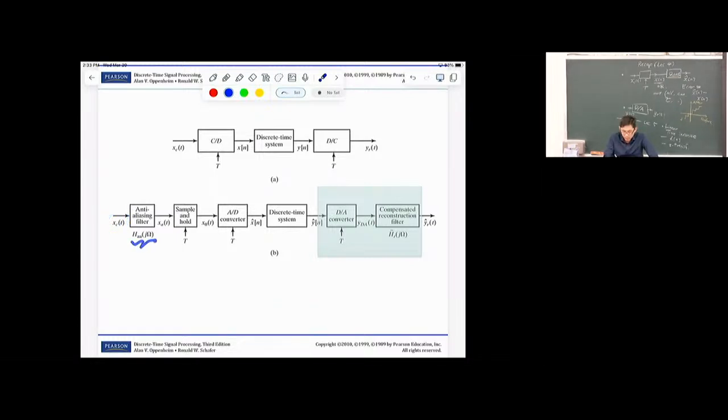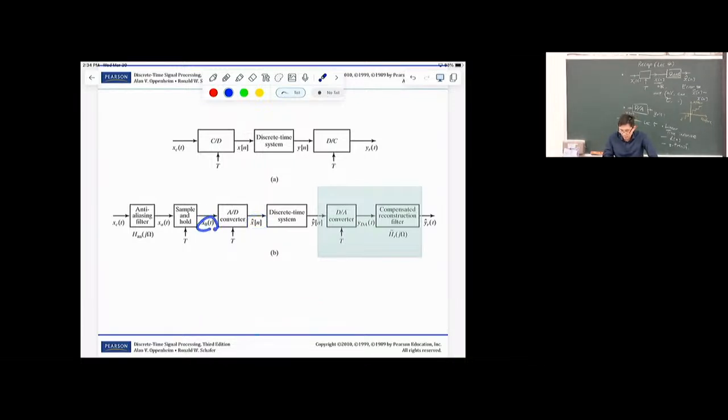We let it go through an anti-aliasing filter, a low-pass filter, so that we can expect no aliasing after sample and hold, as long as we sample at least 2 times the bandwidth. Then we have sample and hold so that we have enough time to encode our number in binary, as zeros and ones.